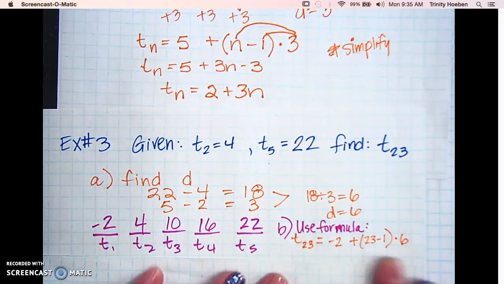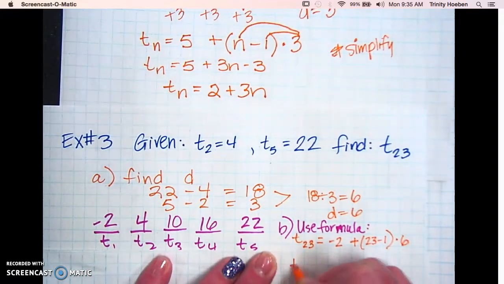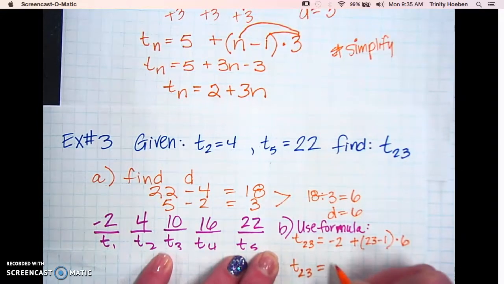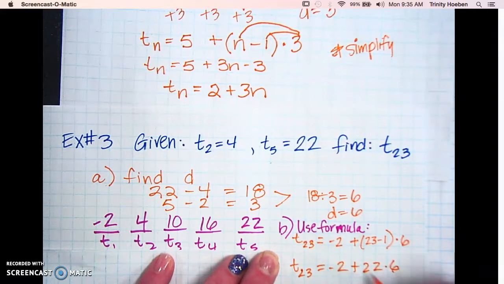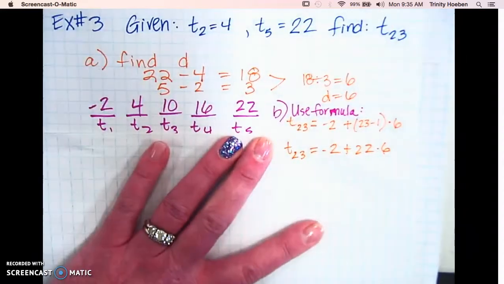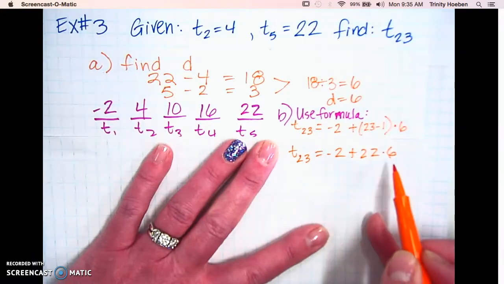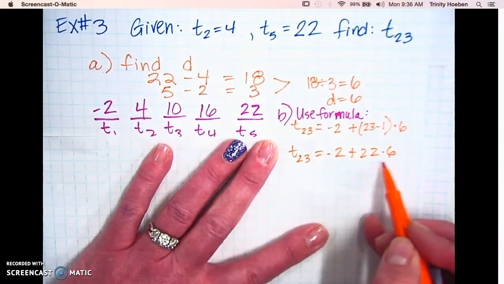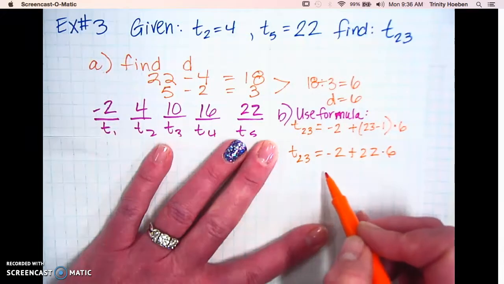So I'm running out of room here. So we're going to go t sub 23 equals -2 plus 22 times 6. And order of operations says you have to do what first? Add or multiply? So multiply that in your calculator. Subtract 2.